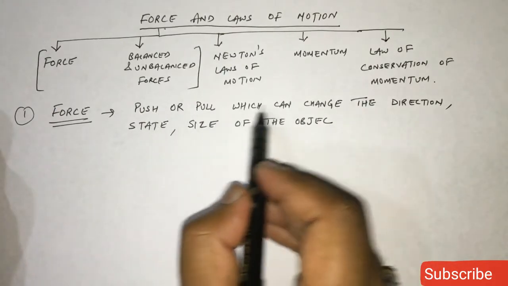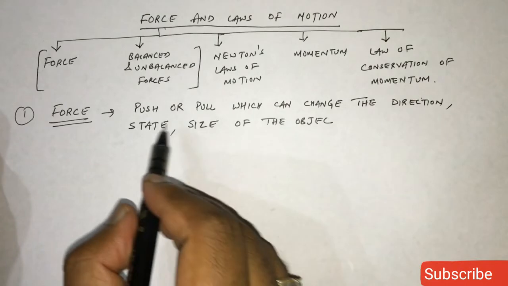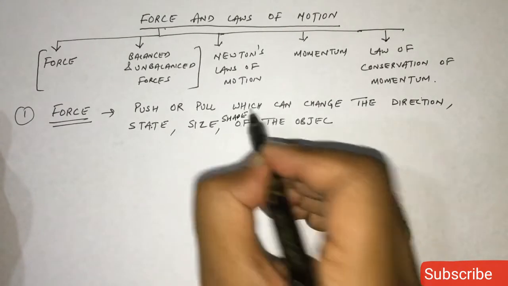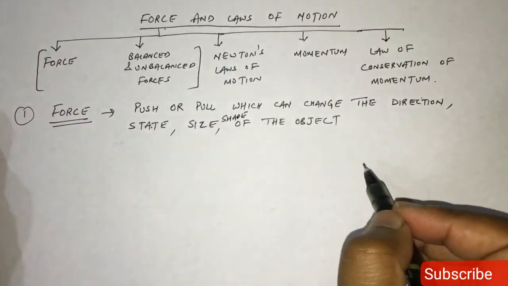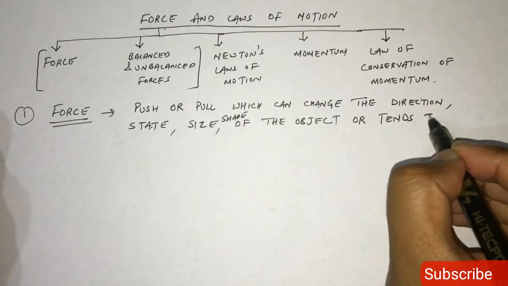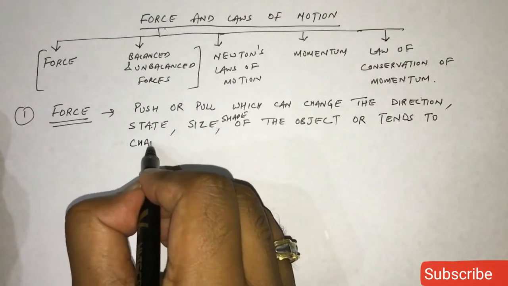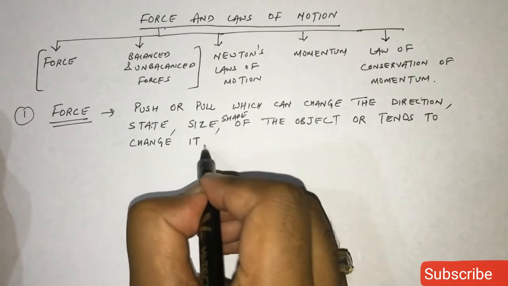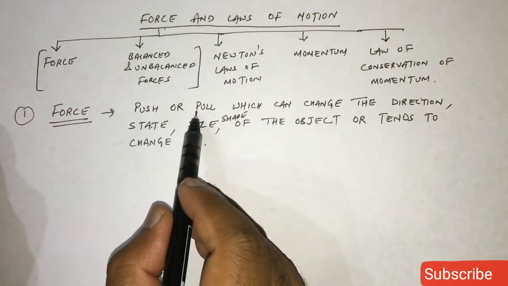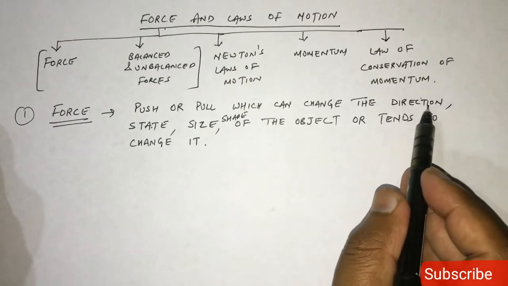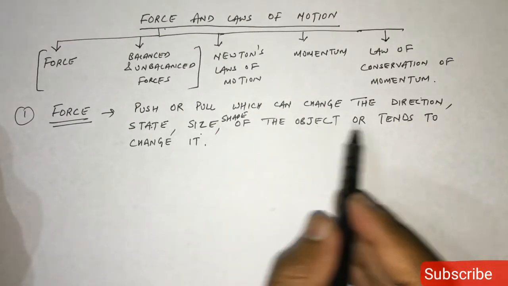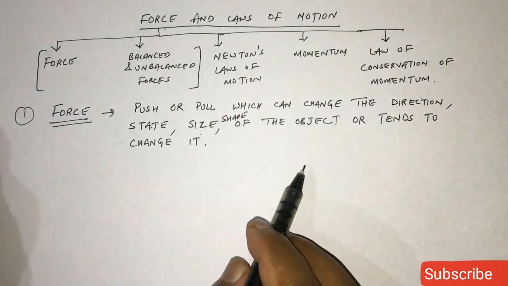So push or pull which can change the direction, state, size, or you can say shape also, shape of the object, or tends to change it. Fine. So force is a push or pull which can change the direction, state, size, shape of the object, or tends to change it.